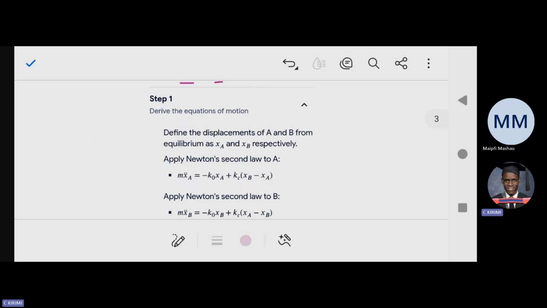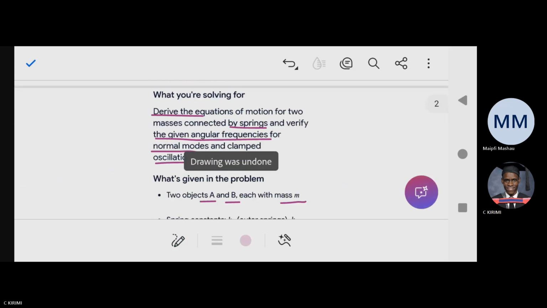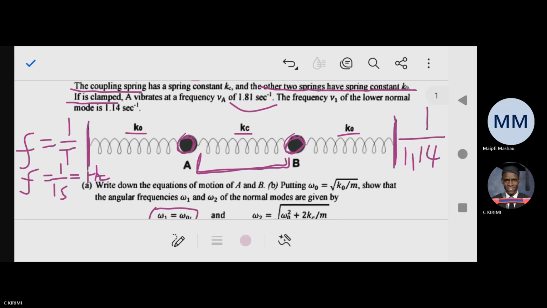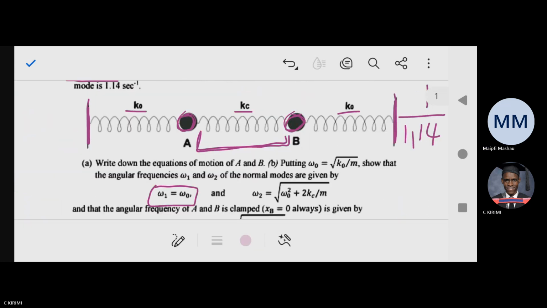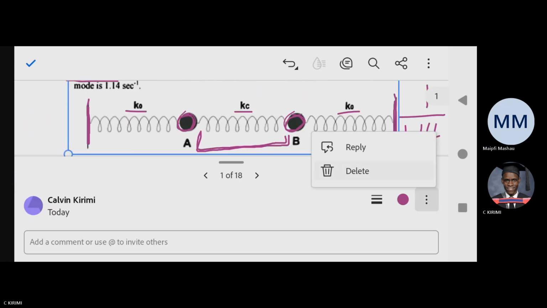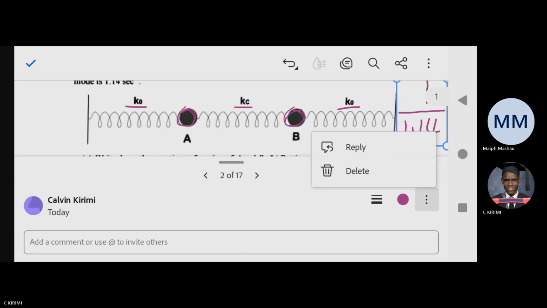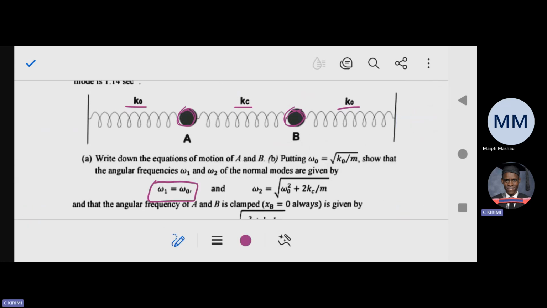So we are given: define the displacement of A and B from equilibrium as xA and xB respectively. What do they mean when they say displacement from equilibrium? This spring is at equilibrium where it is now, which means it has not moved.